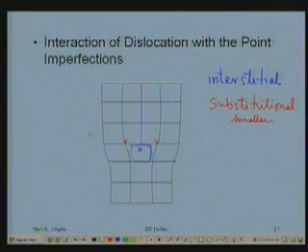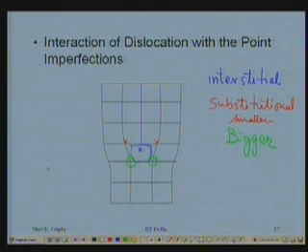But if I have a bigger substitutional atom, if this is the tensile region, it would like to sit here.